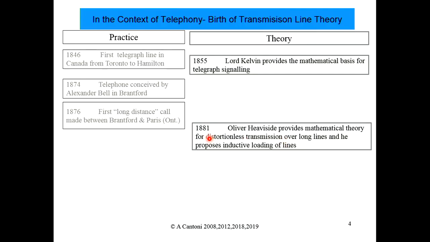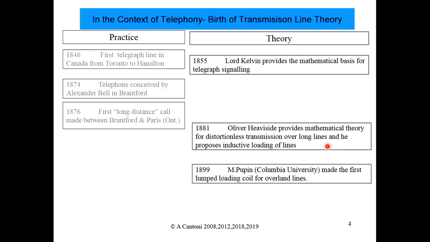Then it was 1881, and this guy, Oliver Heaviside. Have you heard of Heaviside in anything? You know the Heaviside step function? That's where it comes from, this guy. He's really a good guy. He was the one who did the first correct mathematical theory for transmission lines, and also proposed a way to improve their performance.